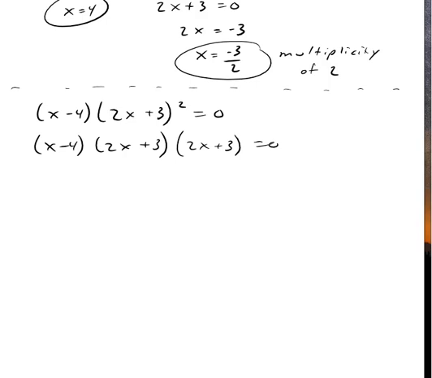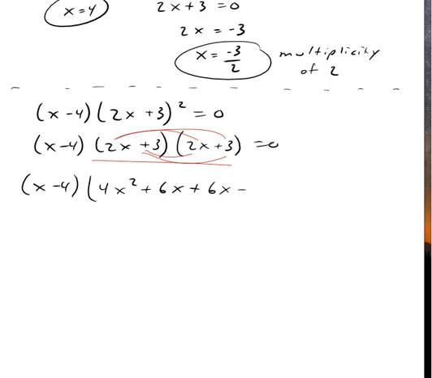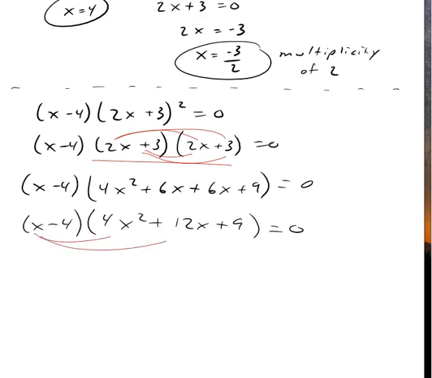So I'm going to do these two here, by distributing. I get x minus 4, and here I'll get 4x squared plus 6x plus 6x plus 9. Simplify that to give me 4x squared plus 12x plus 9 equals 0. Then I'm taking this, multiplying it to every term, and then I'll multiply this one to every term.